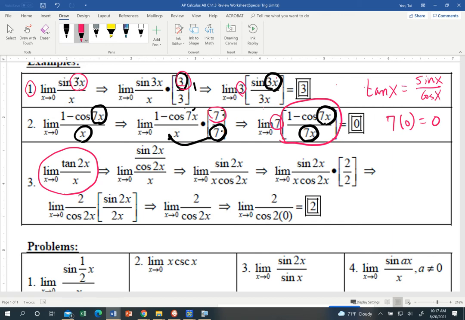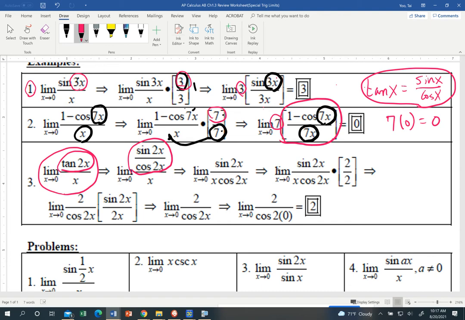Remember, we only had 3 formulas. 2 of them were sine, and the other one was cosine, wasn't it? There's no tangent formula. So it doesn't mean that we can't do it, but we know that tangent 2x is sine 2x over cosine 2x according to this formula right there. Does that make sense? From the trig identity.